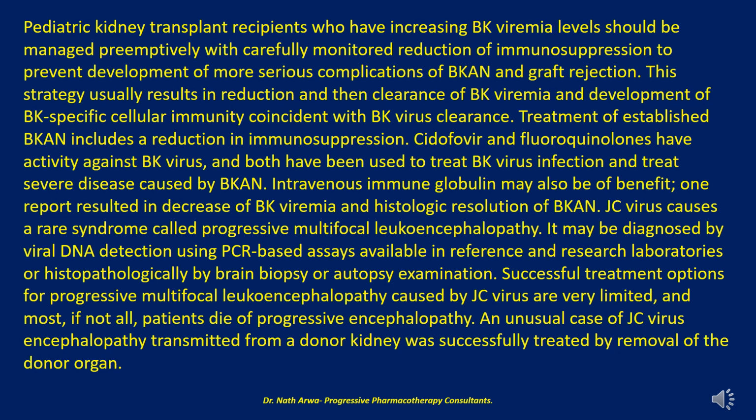This strategy usually results in reduction and then clearance of BK viremia and development of BK-specific cellular immunity coincident with BK virus clearance. Treatment of established BKAN includes a reduction in immunosuppression.